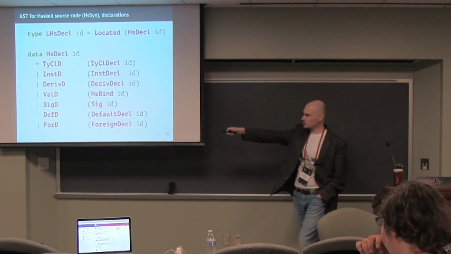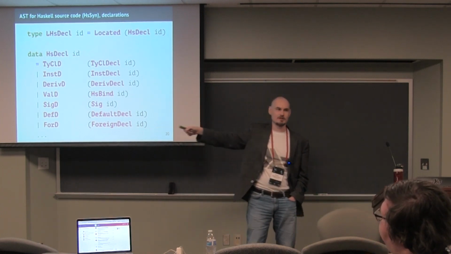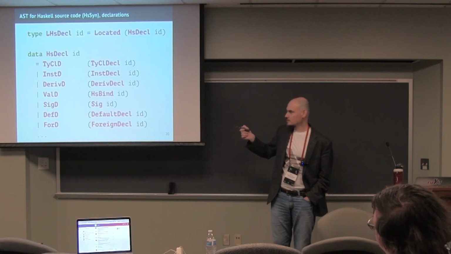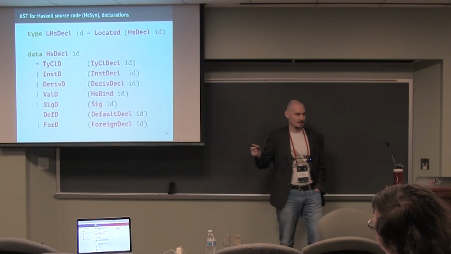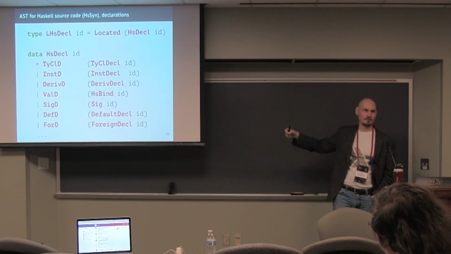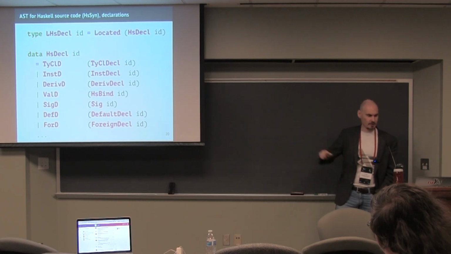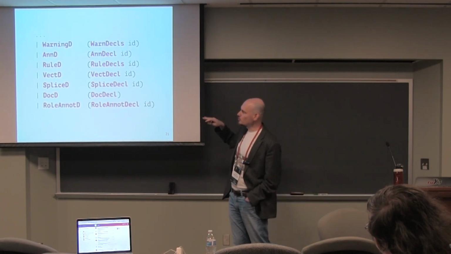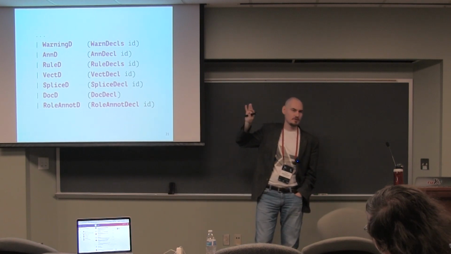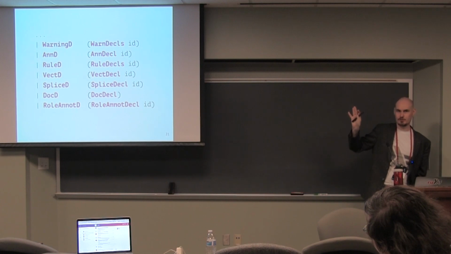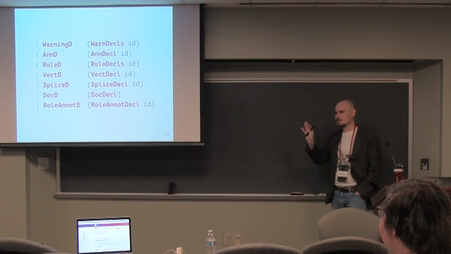Then you have type signatures, type annotations there. Then you have default declarations. It is a rarely used thing, I think, right now. Foreign declarations, for using external libraries, platform libraries, but that's not all. This is something that you almost never use. Even if you're an experienced Haskell programmer, these are declarations that you maybe use once.